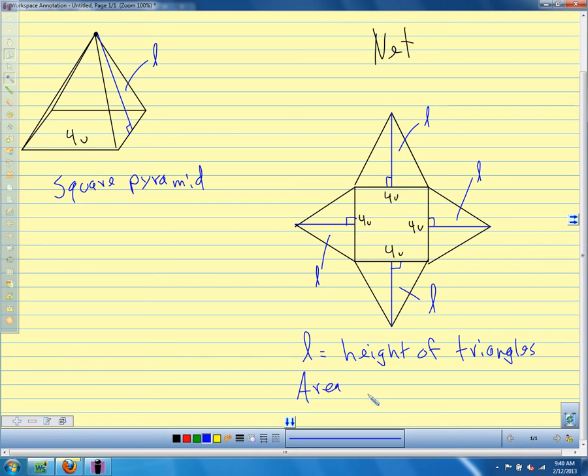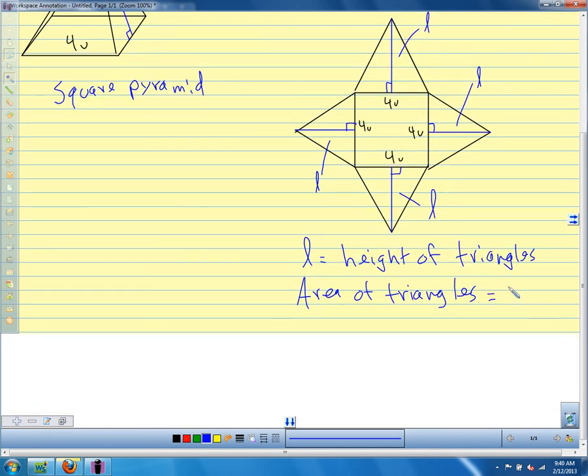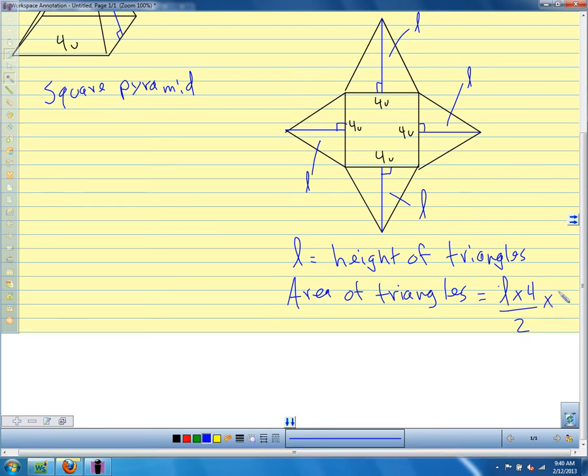The area of triangles equals L times 4 divided by 2. And we're multiplying that by 4 because we have 4 of those. So we have 4 triangles, we're multiplying it by 4. So that equals the slant height times the perimeter divided by 2, because 4 times 4 sides gives me the perimeter of the base.